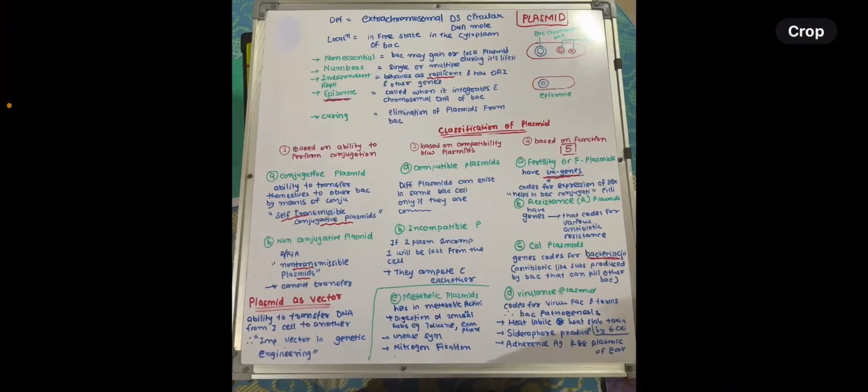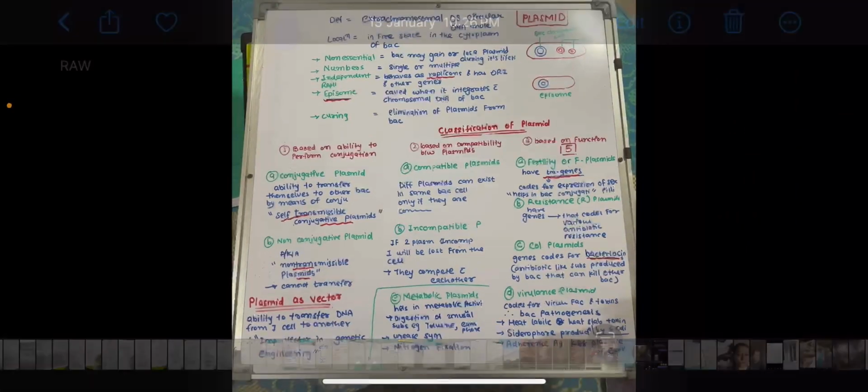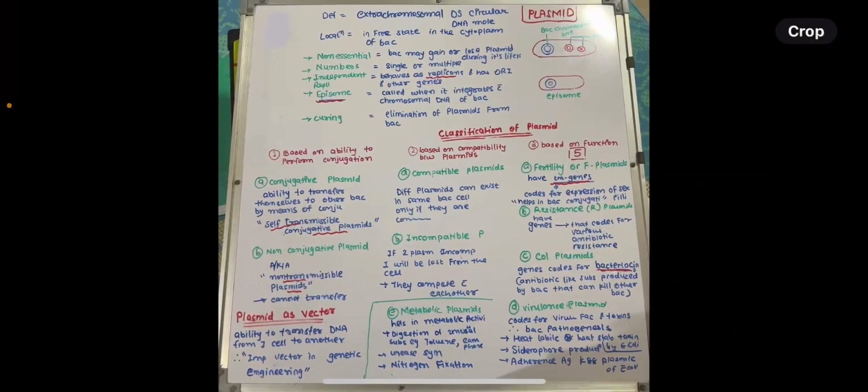So in the plasmid we talked about its definition, which is extra chromosomal double-stranded DNA located in free state in the cytoplasm of bacteria, and some of the characteristics of the plasmid, such as it is non-essential. We talked about its number, that it could be single or multiple. Then we talked about its independent replication, episome, and curing.